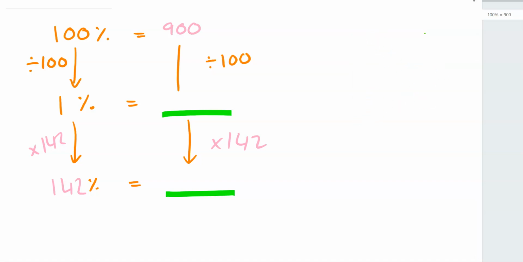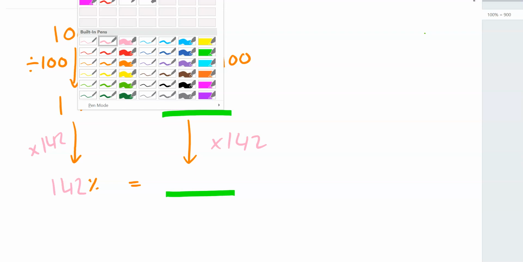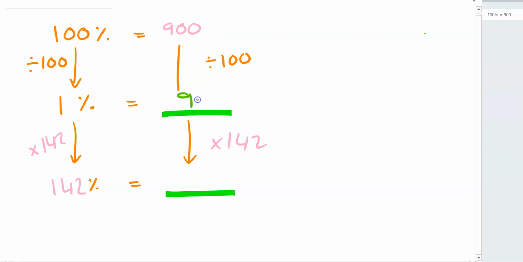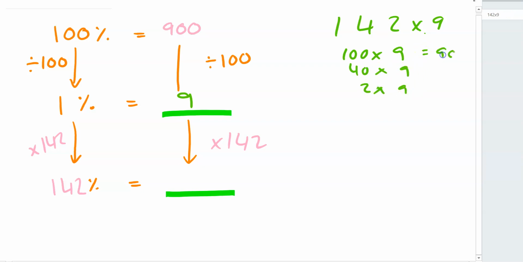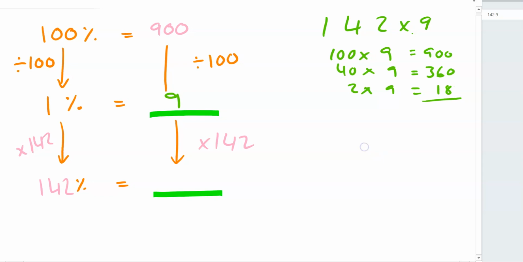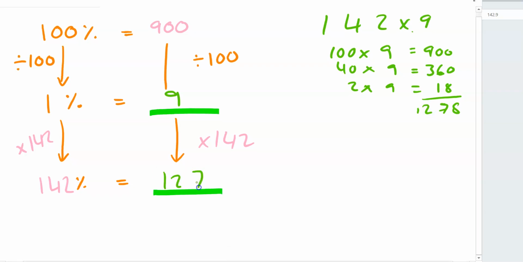That one's an easy one, that's 9. So 9 times 142. So I'm going to do 100 times 9, 40 times 9, 2 times 9. So that's 900, 360, 18. So that gives me 8, 7, 12. So 1, 2, 7, 8.